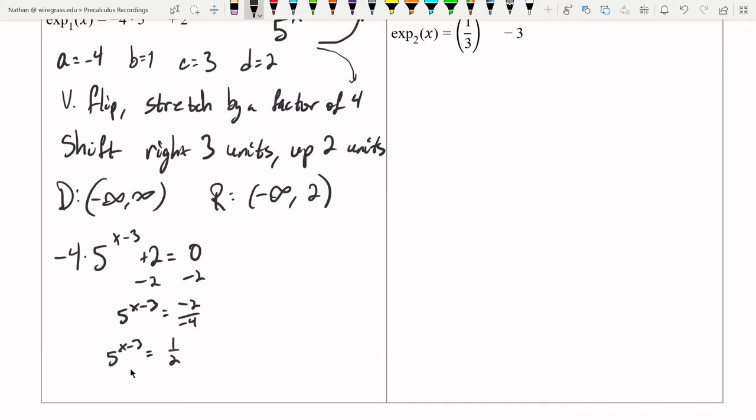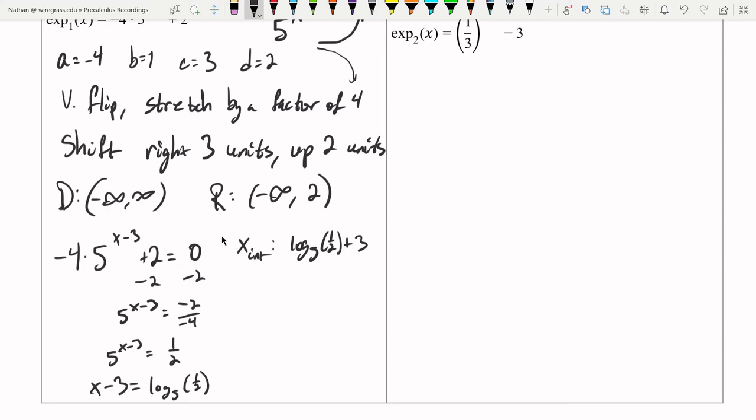Take the inverse of this, that's going to be log base 5 of both sides, and then add 3. So our x-intercept is at log base 5 of 1/2 plus 3.